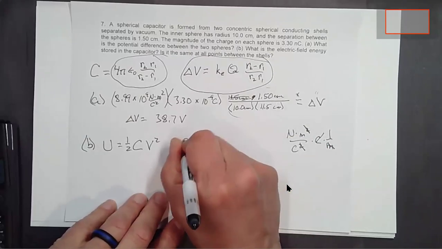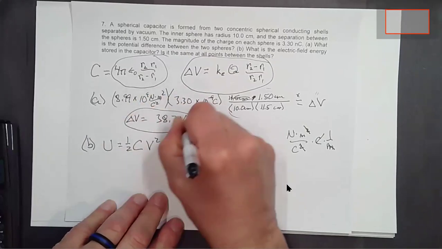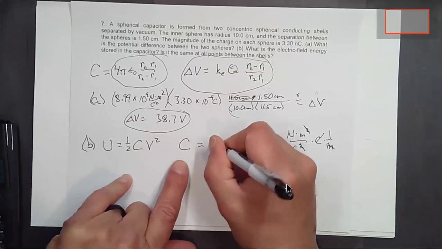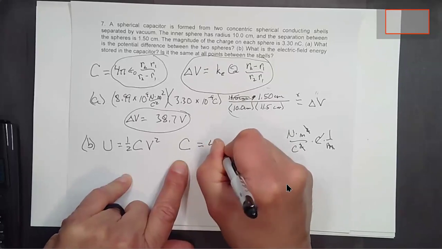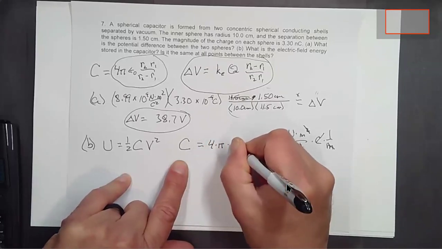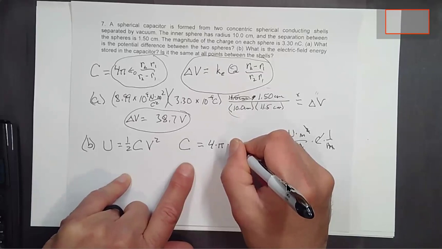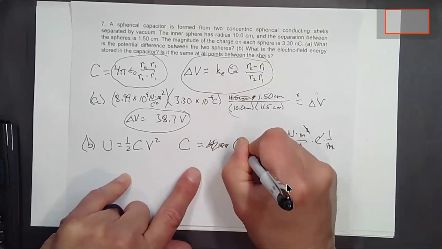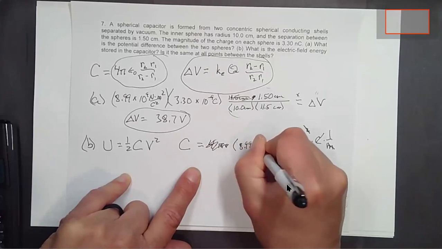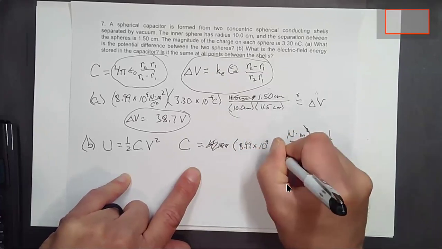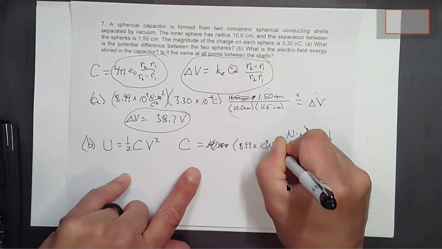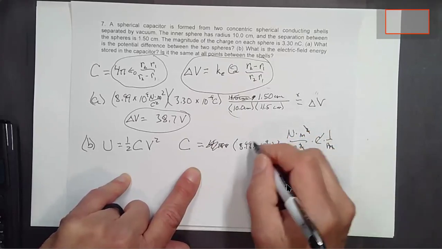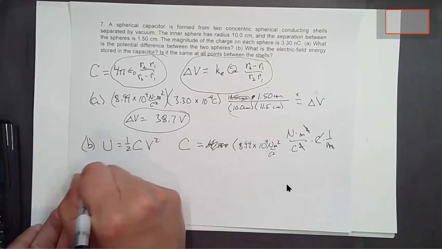So the capacitance is going to be 4 times pi times, actually, I'm going to take 8.99 times 10 to the 9th newton meters squared per coulomb squared. Oh, rats, running out of room. Try it down here.